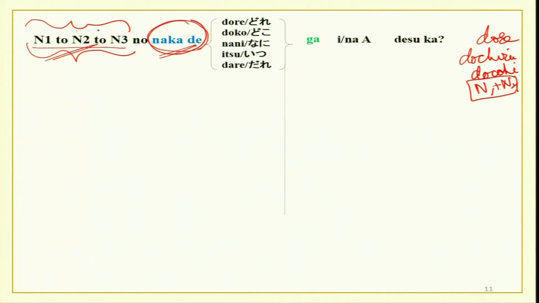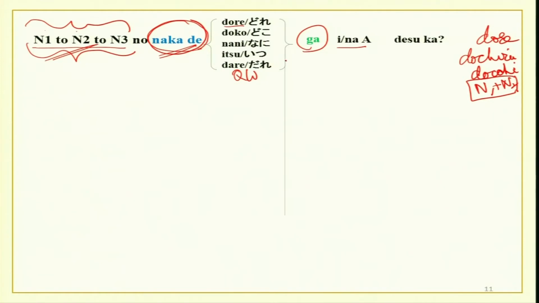But here these three things are present over here, and within these three things, please remember, dore, doko, nani, itsu, dare. Question word, ga, adjective, desu ka. For example, dore is which one of the two? Doko, where, nani, what, itsu, when, and dare, who.